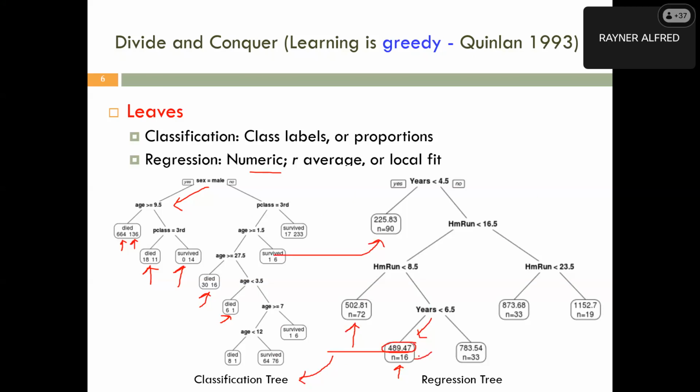And this is how many of the records fit this area. Okay? So classification tree and regression tree are two different things. In a classification tree, the leaf is the label. But for regression, the leaf will be the average that will reduce the standard deviation.